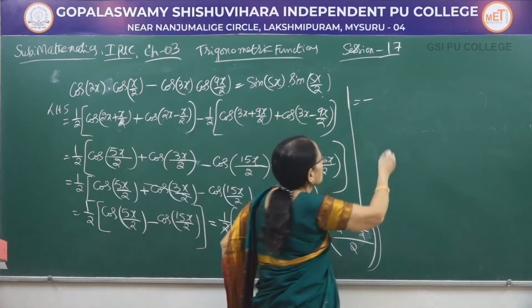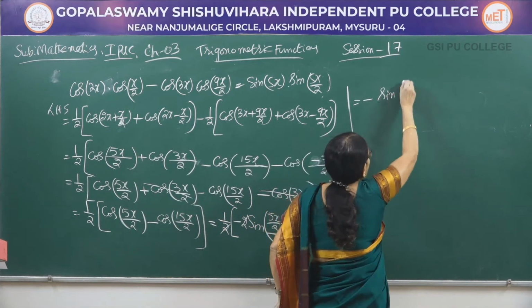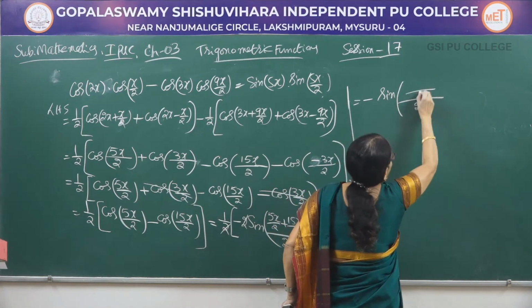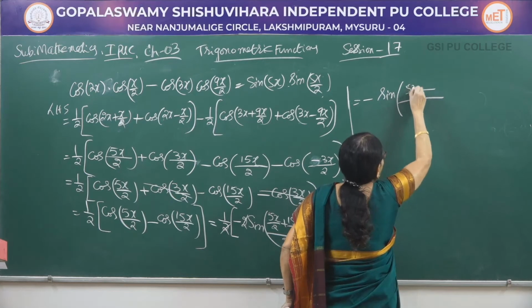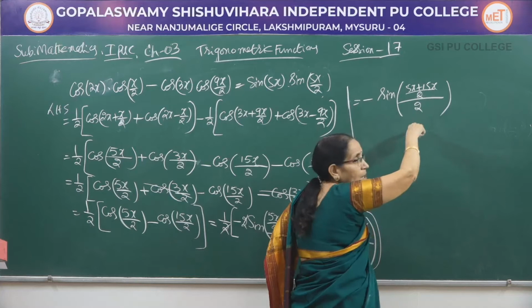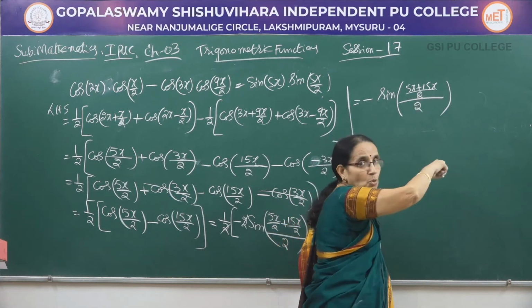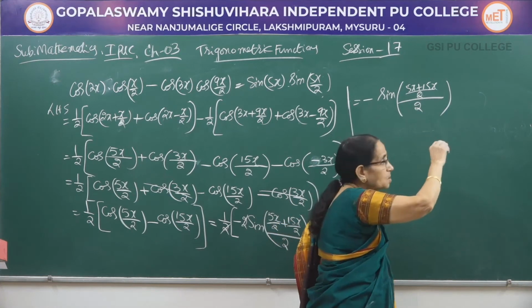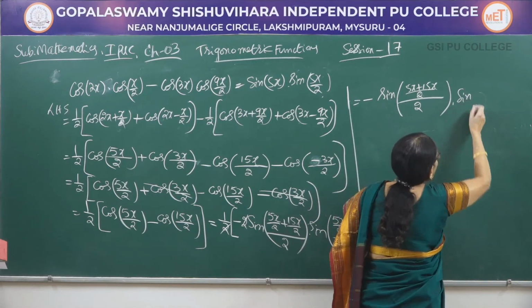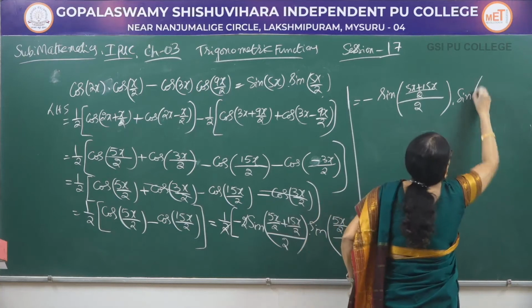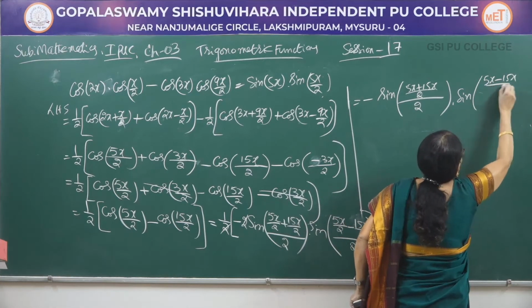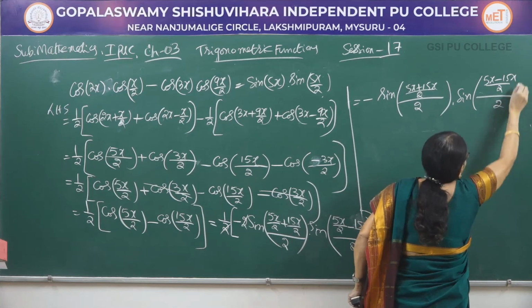So for the numerator, it is the LCM, write the first denominator as it is, it is 5x plus 15x divided by 2 and another 2. Don't cancel these two. 2 and 2 don't cancel, they come to the denominator position itself, into sin of the remaining one, that is 5x minus 15x by 2.